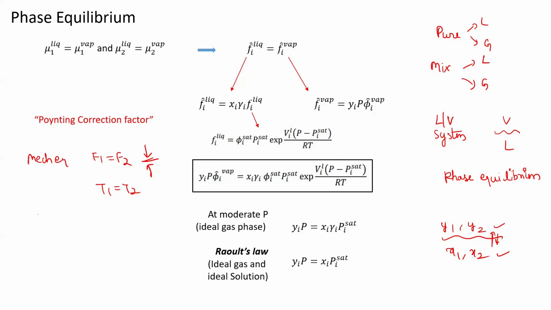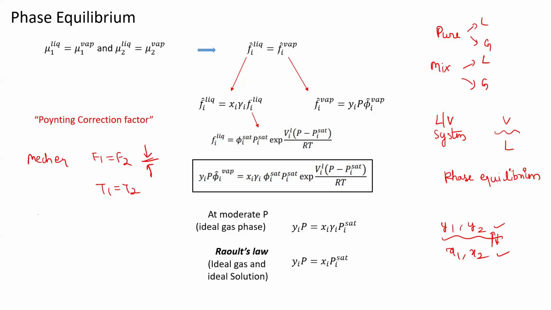And the Poynting factor: Pi minus Pi sat tends to 0 at moderate pressures, so the exponential of 0 turns out to be 1. That's why the Poynting factor is neglected here.